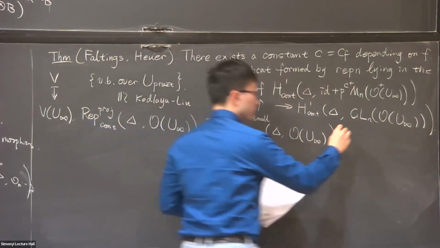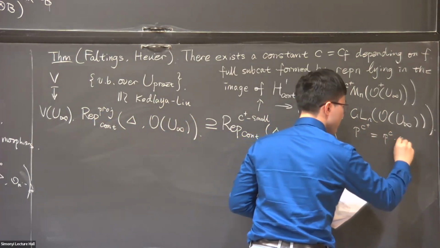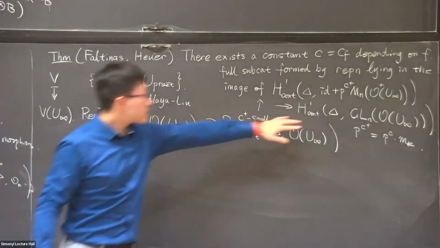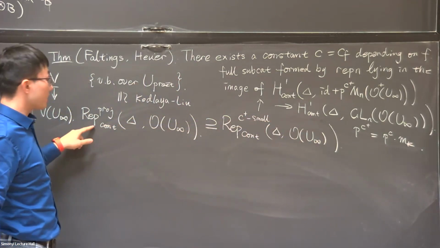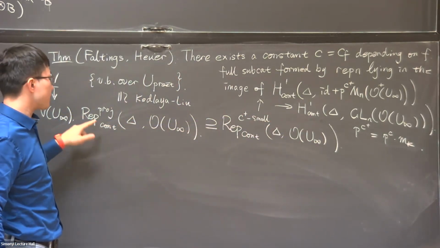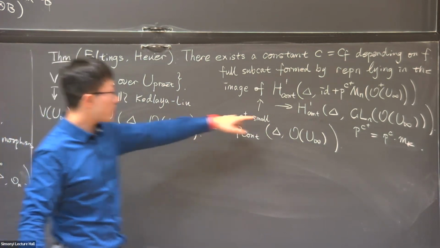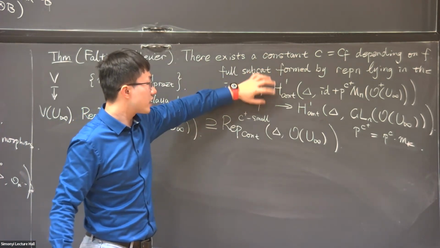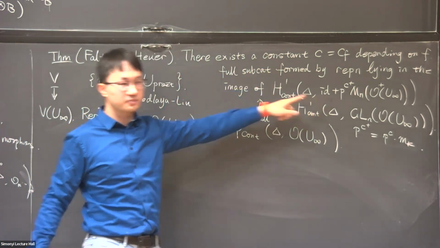So here p^c plus is just p^c times the maximal ideal of K. Okay, so this Galois group cohomology classifies all the finite free continuous representations here. Okay, and I only consider those representations which have a good integral model. Okay.